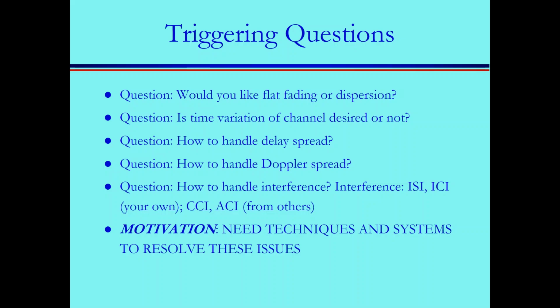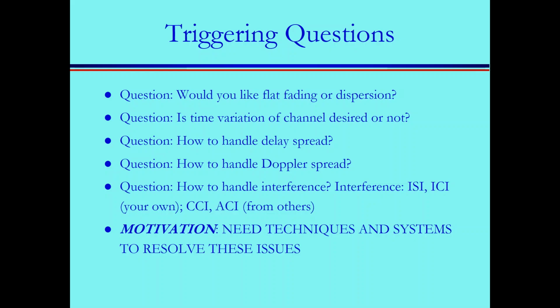Or does it depend? Is time variation of the channel desired or not? How to handle delay spread? If you have delay spread in your channel and it affects your data, how do you handle it? How to handle Doppler spread? How to handle interference? Delay spread and Doppler spread cause interference. How to handle the interference resulting from them?